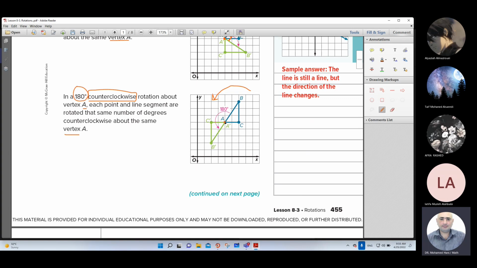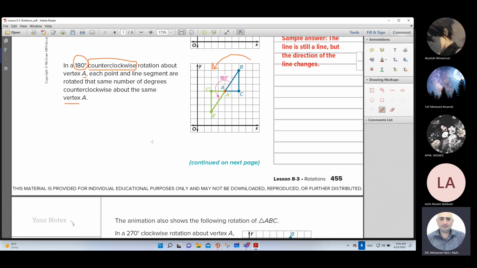So this is the center, this is the line AB, and the angle with the image is 180, which means the same straight line, A prime, B prime. And this is the image. So this is the meaning of the rotation.